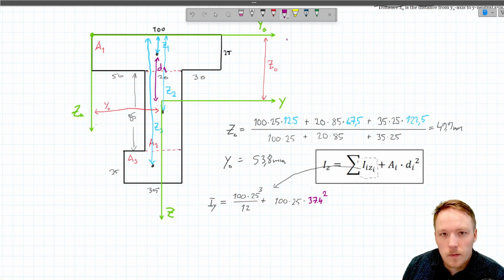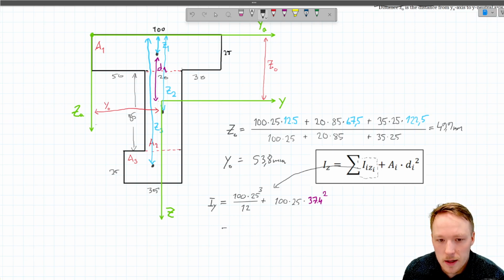And now that was for the area 1, and now we have to sum the same thing for all these areas which we have created on this profile. So that was for area 1, and now we add the same terms for area 2. Area 2 width is 20 millimeters, height is 85 power to 3 divided by 12.